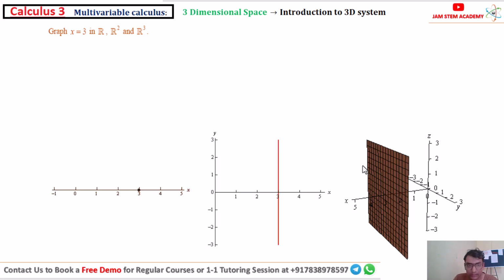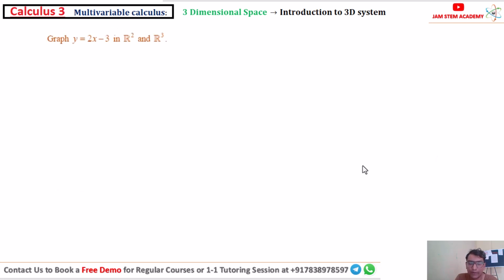One more question. This was in one variable, right? Only x was given. So let's consider another example where we have both x and y, and we have to draw the graphs for this on the plane as well as in space. For y equals 2x minus 3, you are already familiar with this in the plane, right? That represents a straight line having gradient equal to 2, and what is the y-intercept?